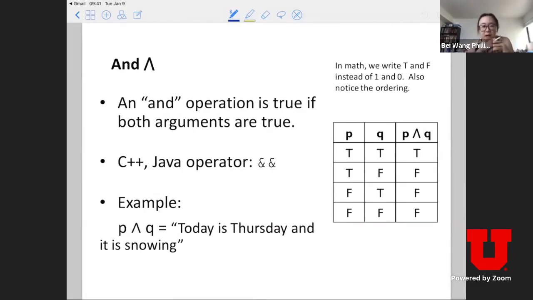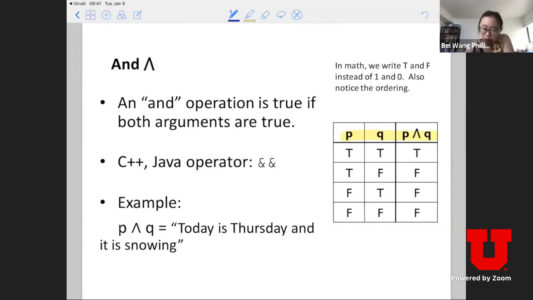So the AND operation is true if both arguments are true. Again, we're going to use T and F to represent true or false. On the right-hand side, what you see here is a truth table. For each column, it corresponds to all the possible values of one of the variables, and another column is the possible values for another variable.